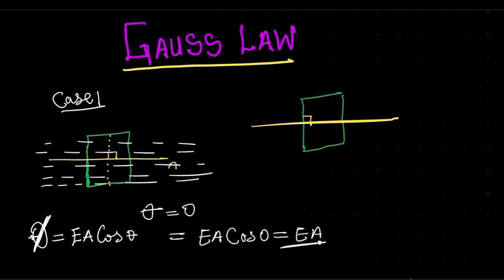So it means that electric flux is maximum if the field lines are parallel to the normal of the surface. I repeat, electric flux is maximum if the field lines are parallel to the normal of the surface.